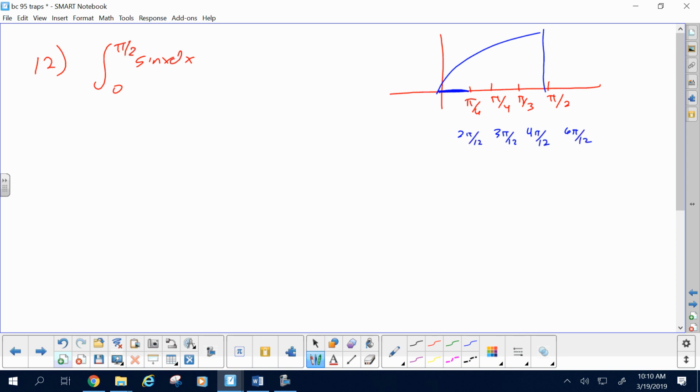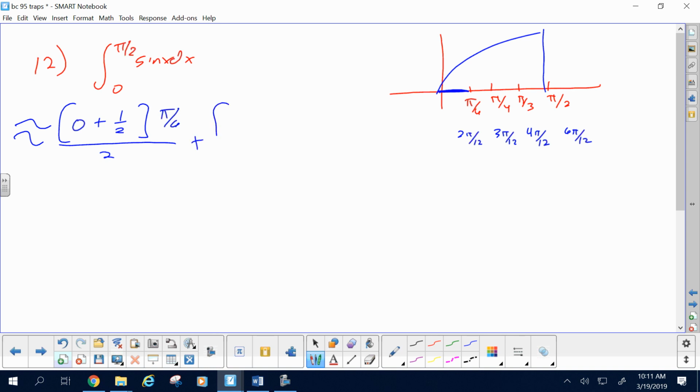Pi over 6, okay, so this is pi over 6 wide, and base 1 and base 2 are sine at 0 and sine of pi over 6. What's sine at 0? 0, and what's sine of pi over 6? 1/2. Okay, there's one trapezoid.